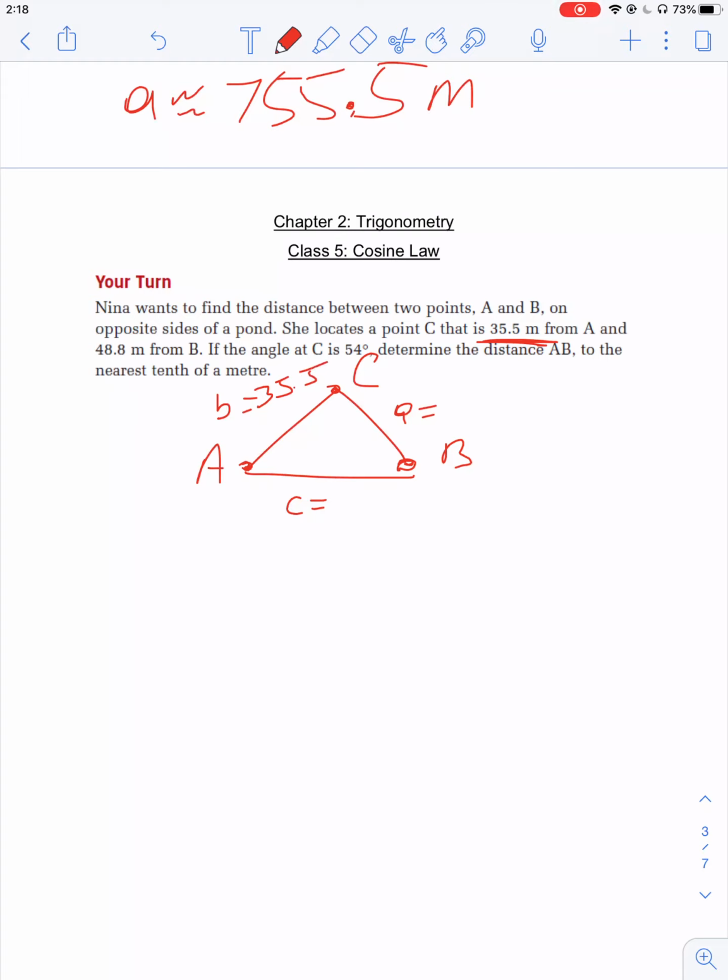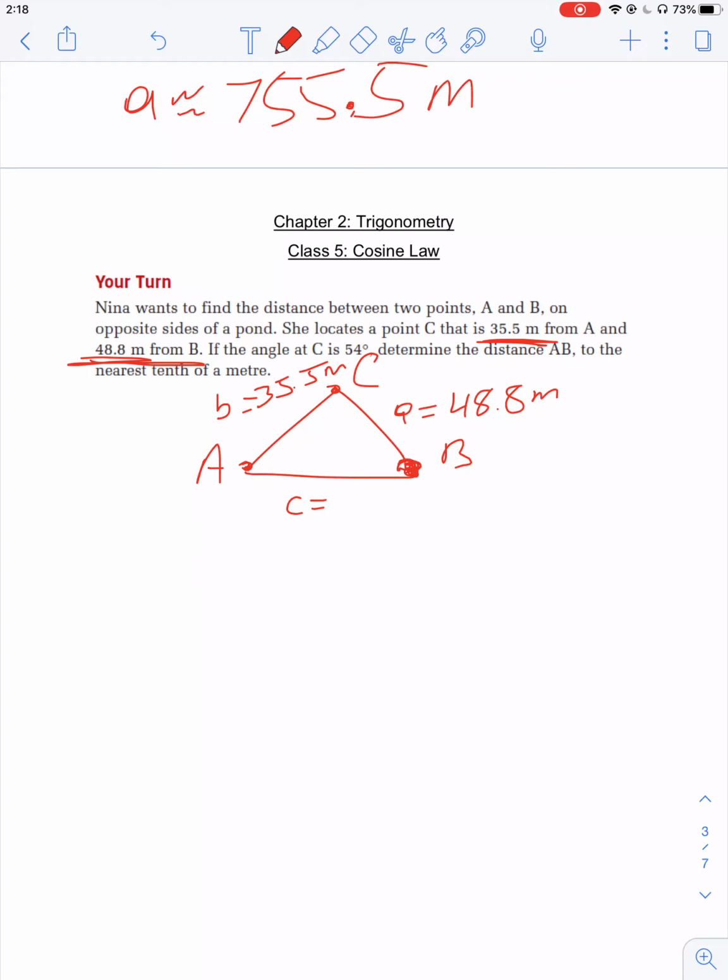And then she locates at a point C that is 35.5 meters from A and 48.8 meters from B. So the point C is 48.8 meters. If you want, you can put your units here. So point C is 48.8 meters away from point B.